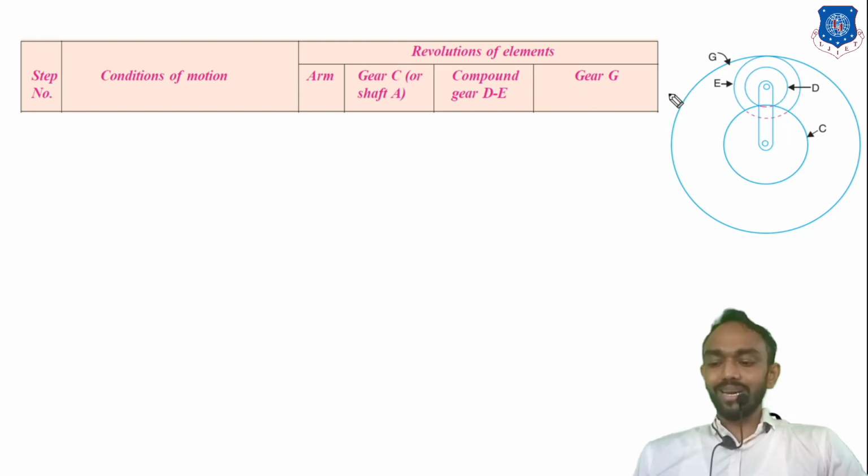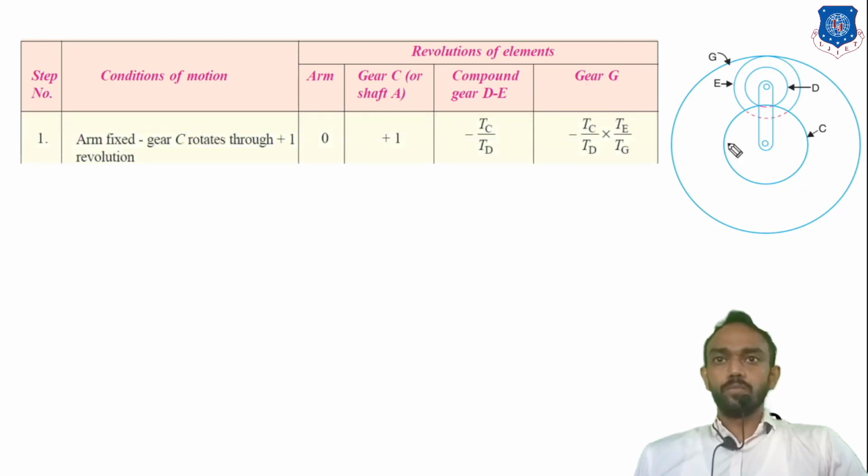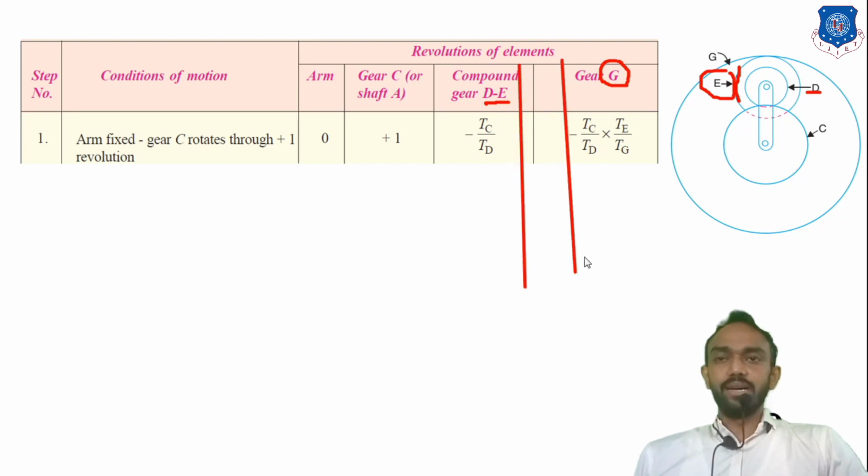And what will be the entry for this column G? So check this. You know that G is connected to E, and E and D are on the same shaft. So you can see here D and E. We don't need to put E in a different column. Some students make this mistake and make another column and put the gear E there.